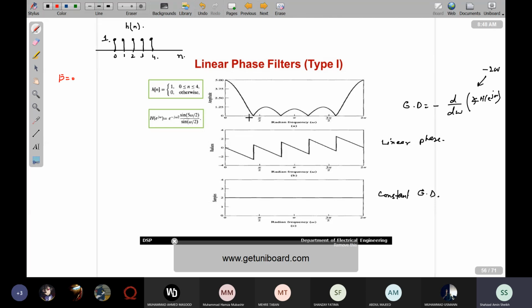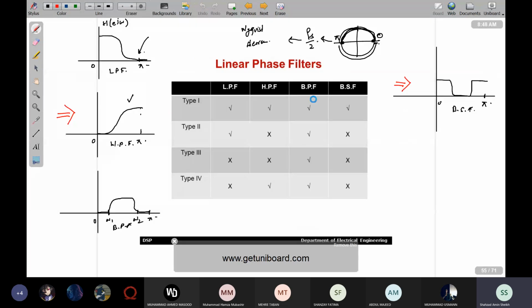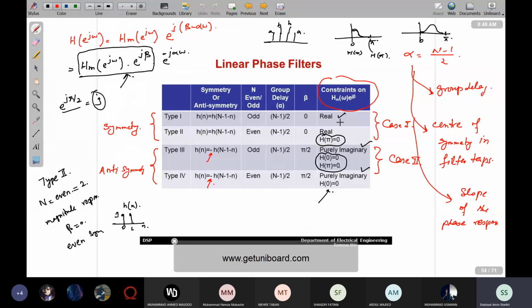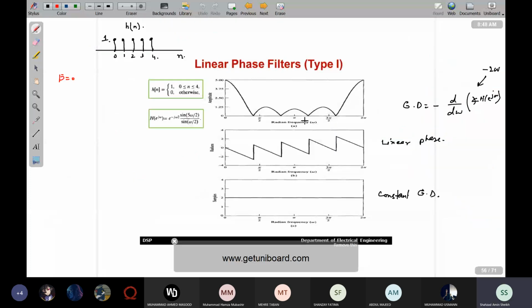And as we had seen, there were some restrictions on types 2, 3 and 4, and there was no restriction on type 1. You can see from here, because type 1 had no restriction, so it's okay. The magnitude response is a sinc-like function, and the phase response is this minus 2 omega slope.